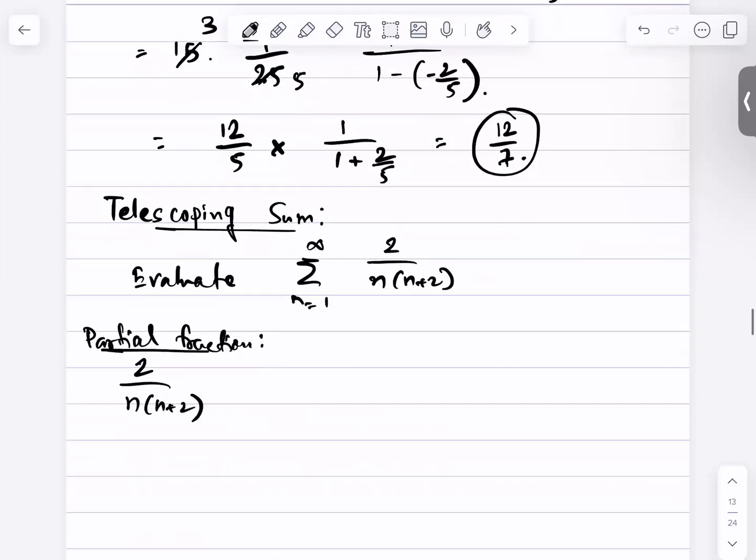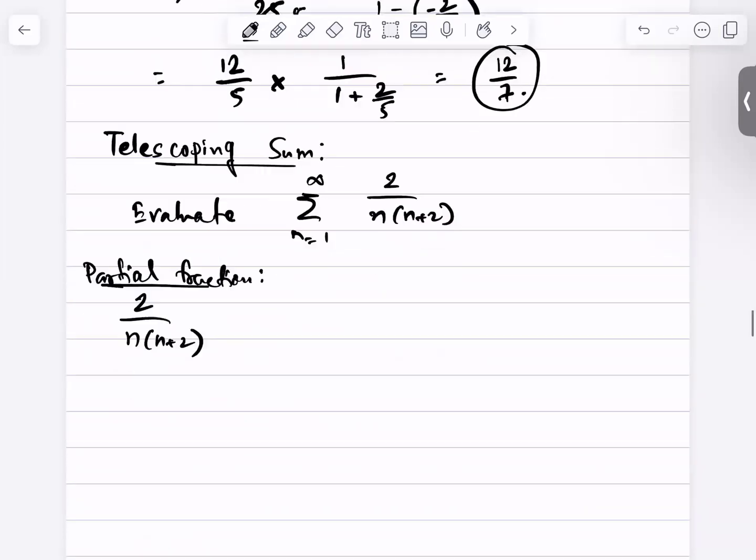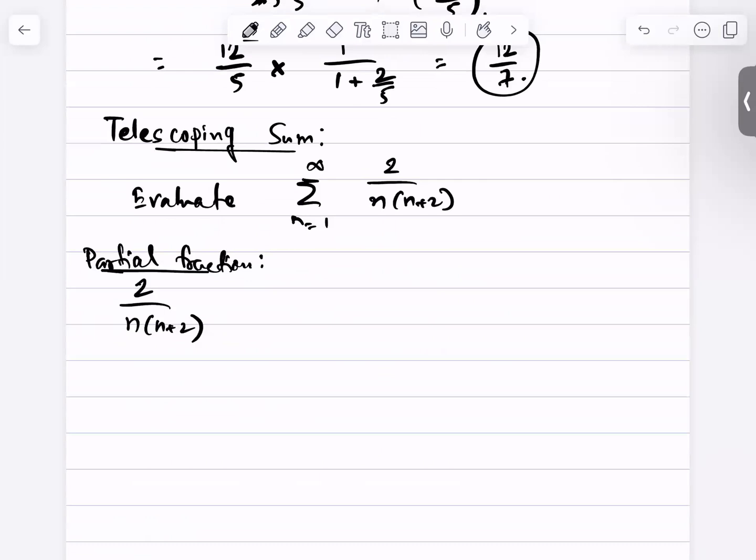Okay, so that is everything about geometric series. Now the next thing is telescoping sum. Telescoping sum is of this type of series. So this series is nothing but 2 over 2 plus 2 over 8 plus 2 over 15 and so on.